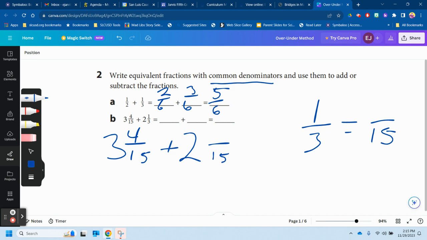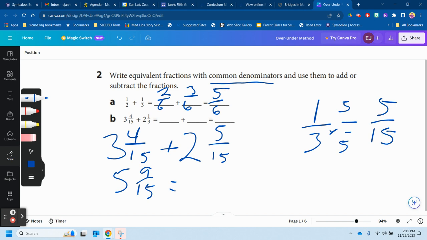I multiplied the 3 by what to get 15? That would be a 5. So it means I also multiplied the numerator by 5. And I think we got this. This is pretty much review. So 5/15. So we end up with 5 and 9/15. Now, on our test, they haven't been asking you to simplify, but we can simplify 9/15.